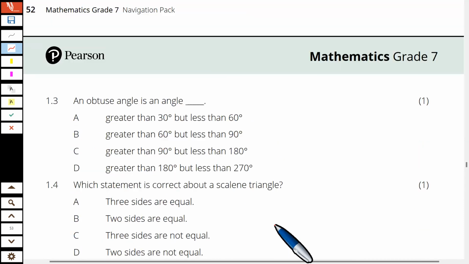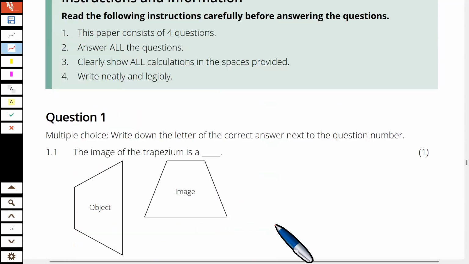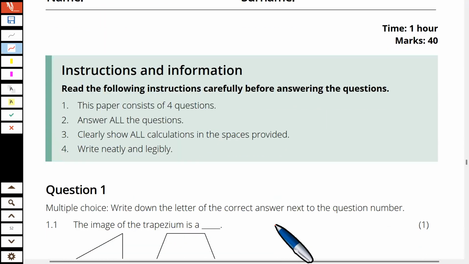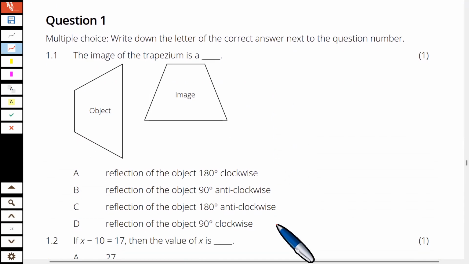Okay, let's look at these questions here. We have a series of multiple choice questions that are based on important things. Let's look at 1.1. The image of the trapezium is which one?